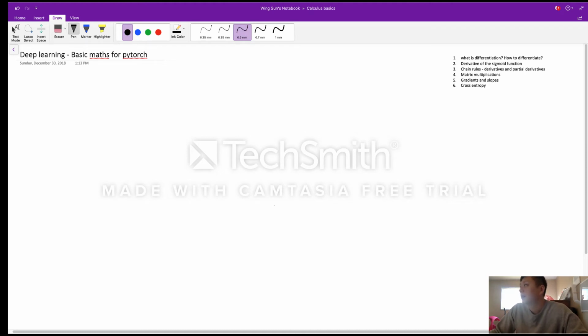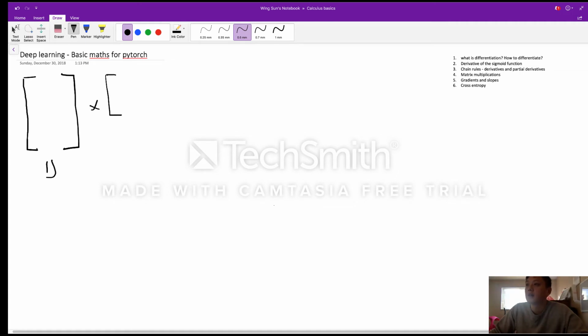So, matrix multiplication. One golden rule that you need to know, before I even jump into what a matrix is: if you have one matrix, let's call this matrix 1, and you want to multiply it by another matrix, there is one thing you really need to check. With matrices, you have dimensions.